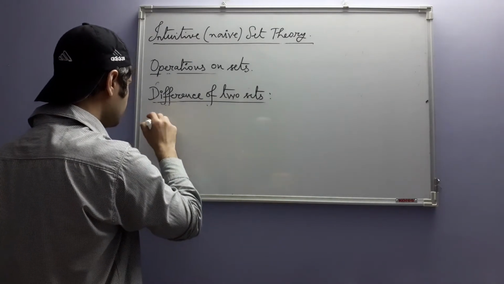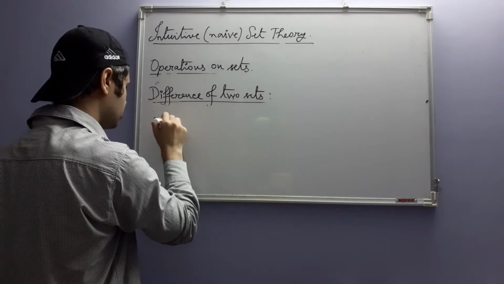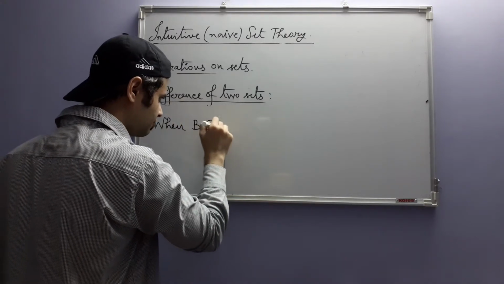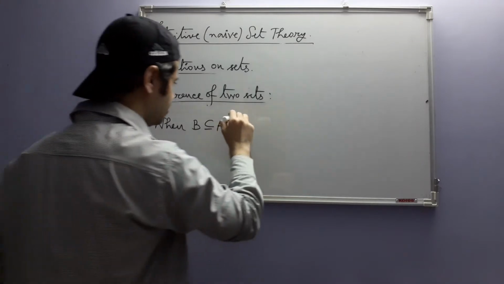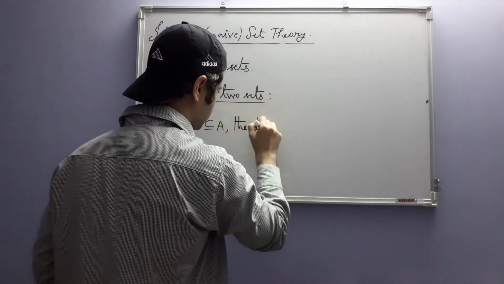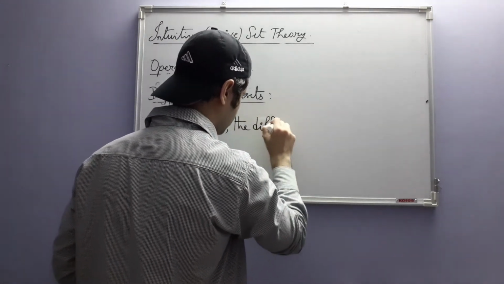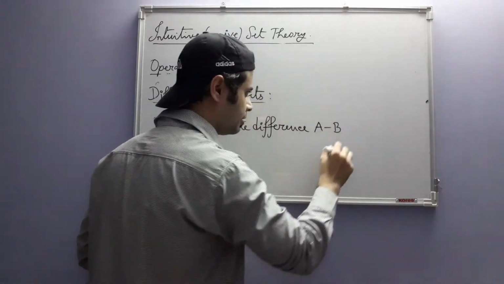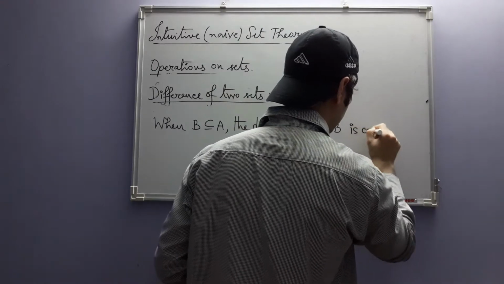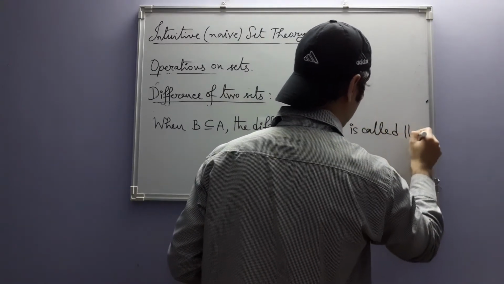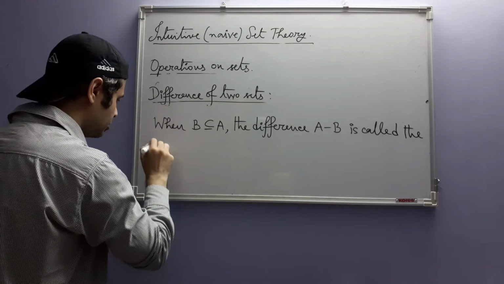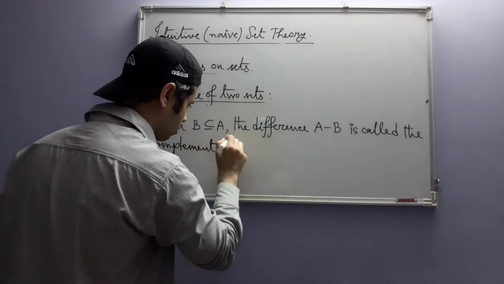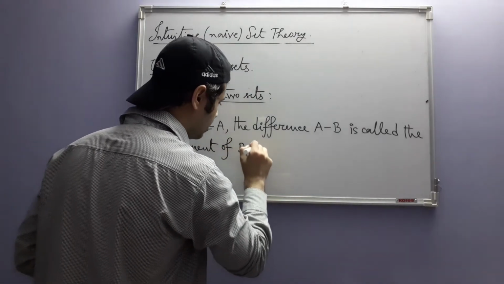See, when B is a subset of A, the difference A minus B is called the complement of B in A.